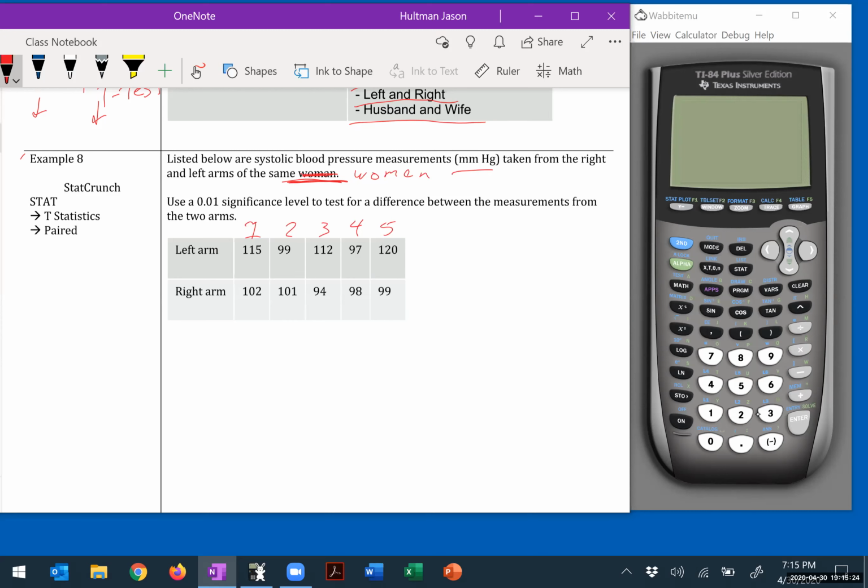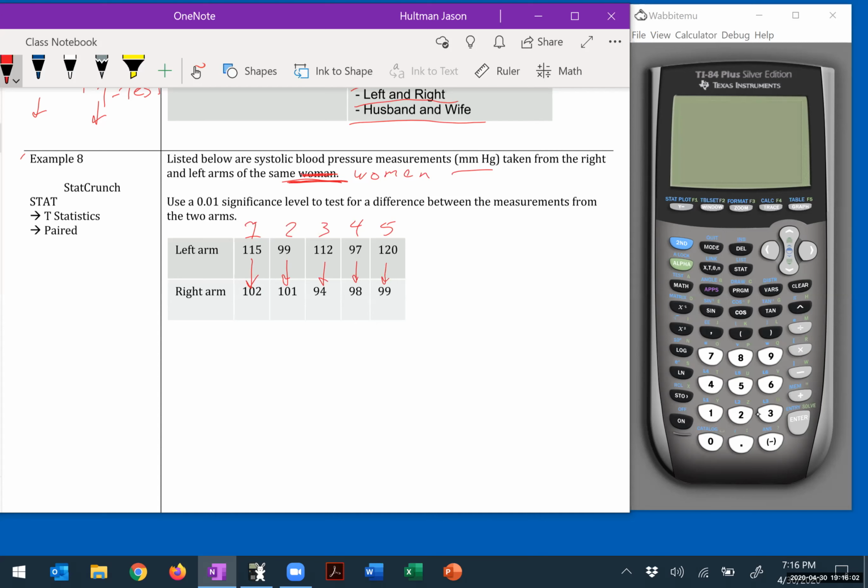Or if these were times in which the same woman was tested, then we want to test time 1 and time 2, time 3, time 4, time 5. We want to compare what is the same here. So what are we going to actually compare? We're going to compare the difference between the two.